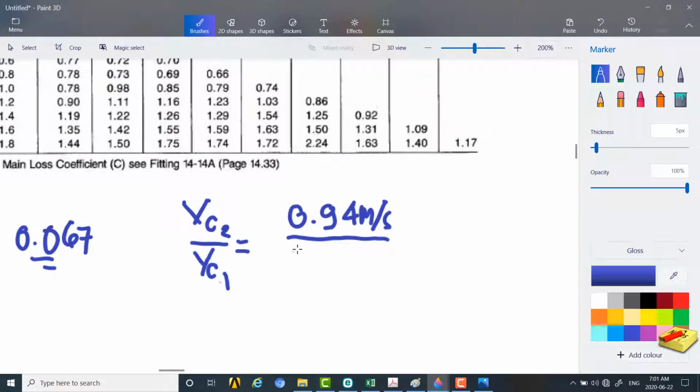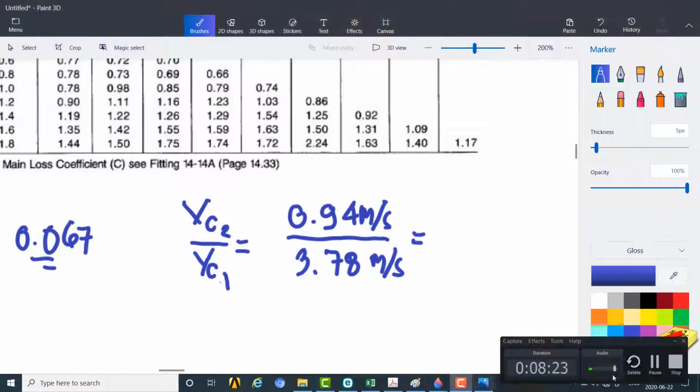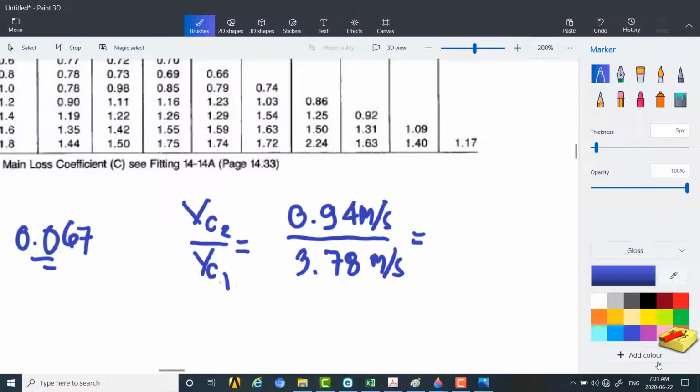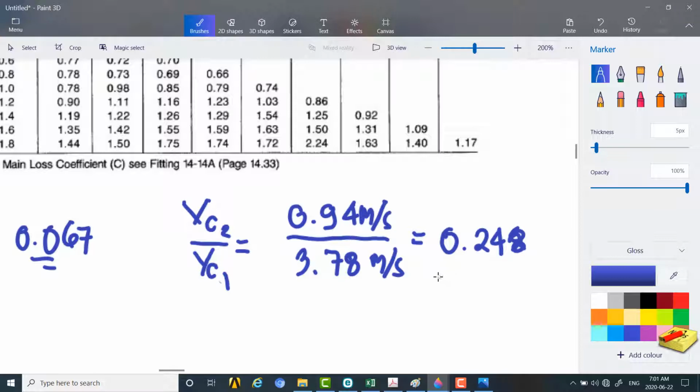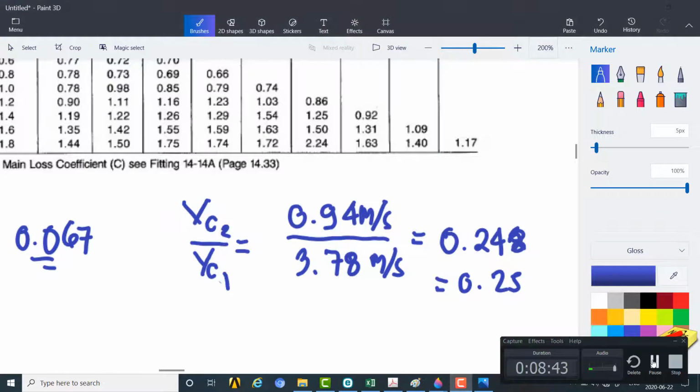So we have the value of 3.78 meter per second. And we have the value of 0.24, or let's say 0.25 to around near it.